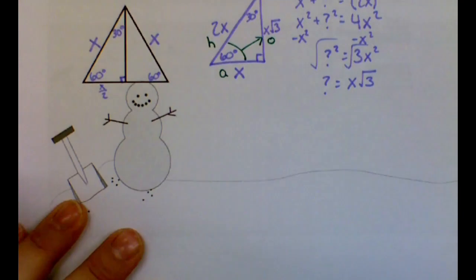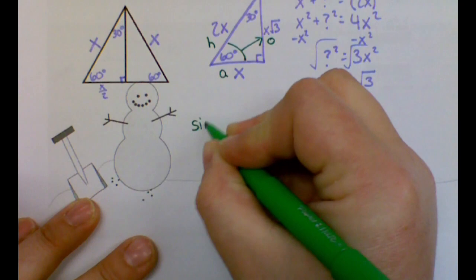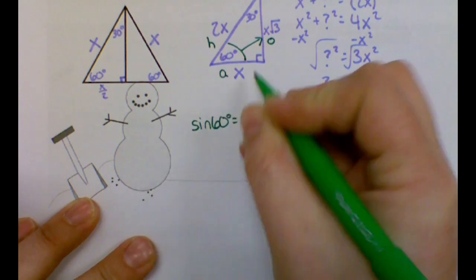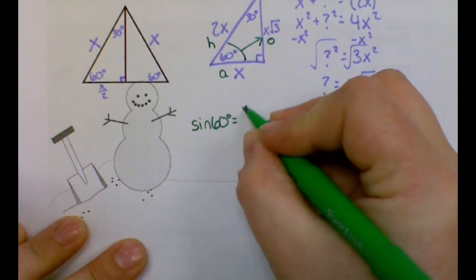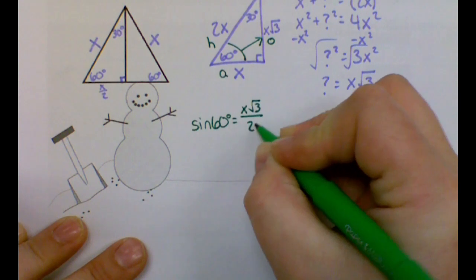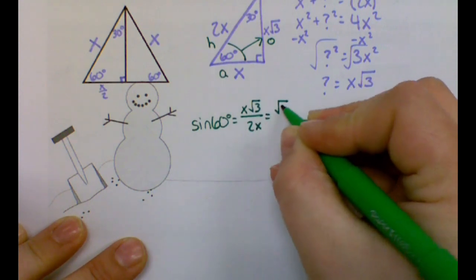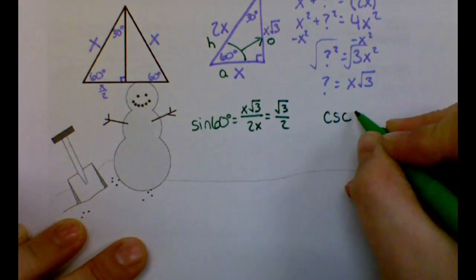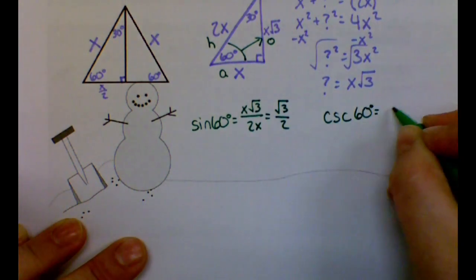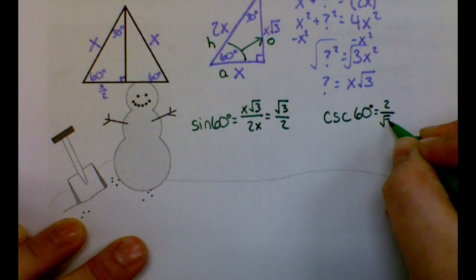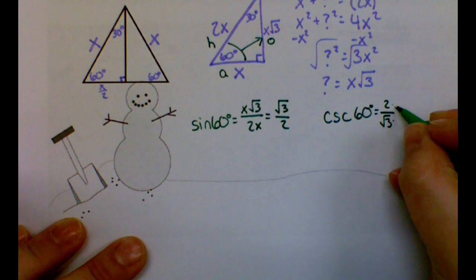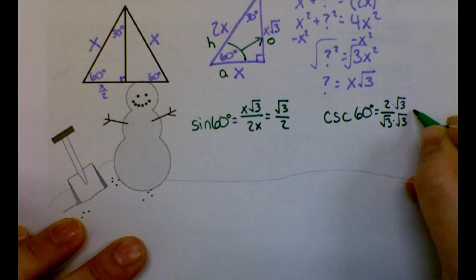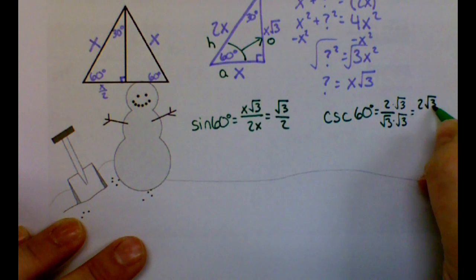So the sine of 60 degrees is x square root 3 over 2x. Well, my x's cancel, leaving me square root 3 over 2. My cosecant then of 60 degrees is 2 over the square root of 3, which I will rationalize, and it becomes 2 square root 3 over 3.